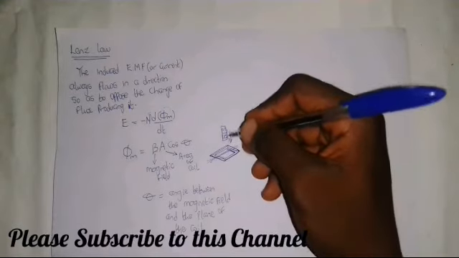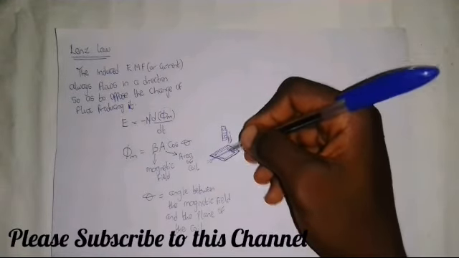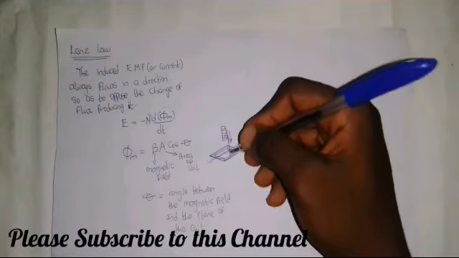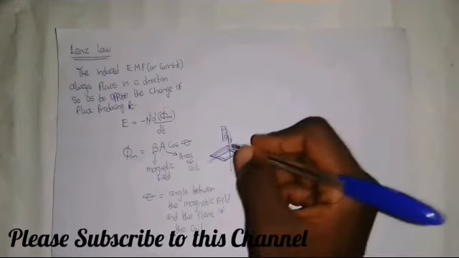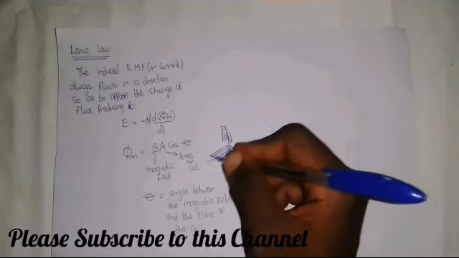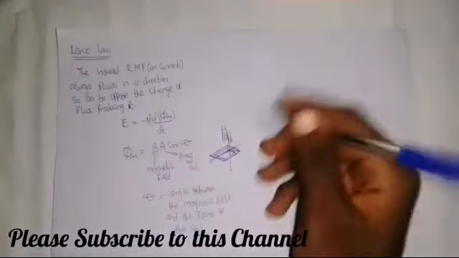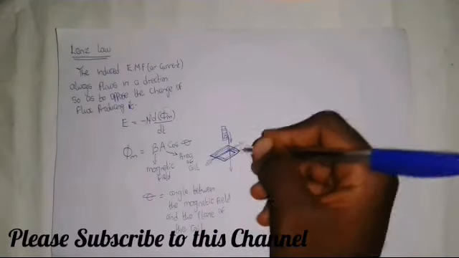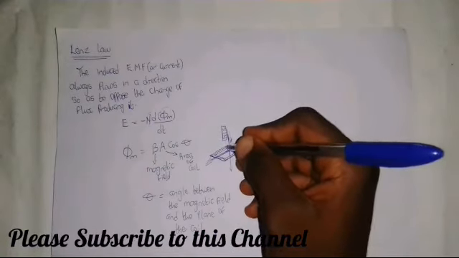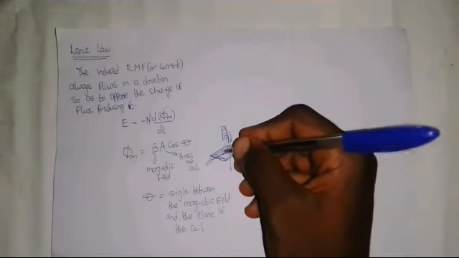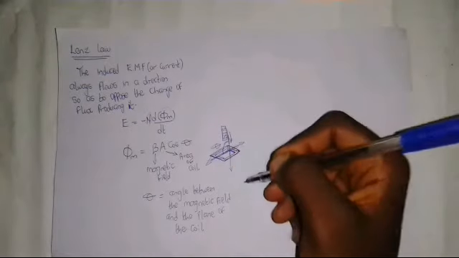So the angle between the magnetic field direction and the plane of the coil, the horizontal plane of the coil, is our theta.